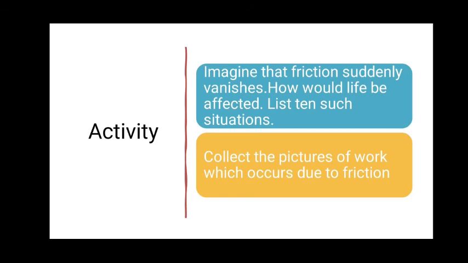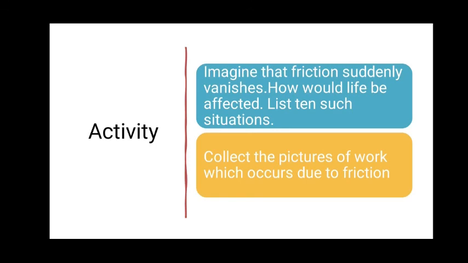Because of friction, what are the things we are able to do? You have to imagine that friction does not exist in nature at all. Then what are the 10 things you would have to face without friction? That you have to make a list.